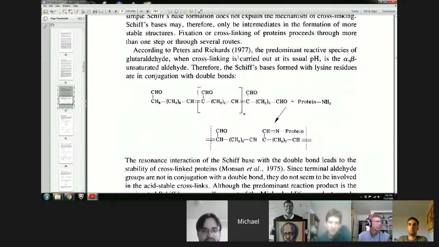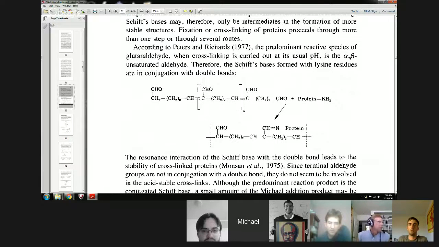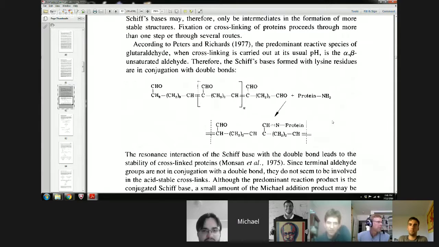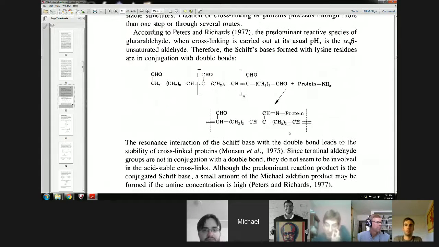So Peter and Richards are saying that the most reactive species is, and here you get the polymer structure. They're saying it's proteins reacting, not to the carboxyl group on the end of the molecule. They're saying no, it's reacting to the middle of the molecule here. It's not the terminal aldehyde, I guess.